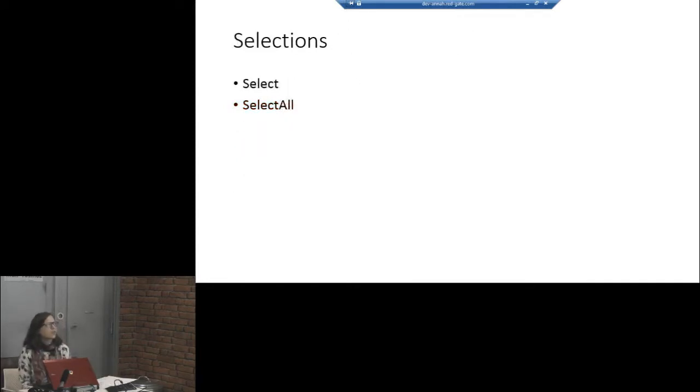Selections are the heart and the power of D3. You can do select or select all, and they do what you'd expect. They use CSS selectors to select either the first matching element in a document or all the elements in a document. But the power is you can join your data.